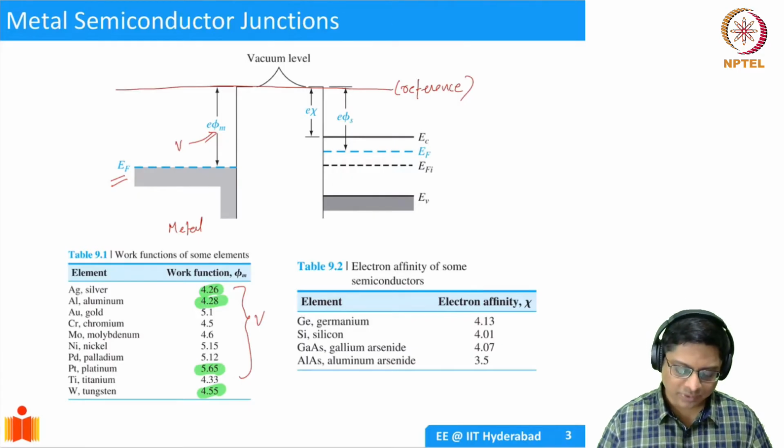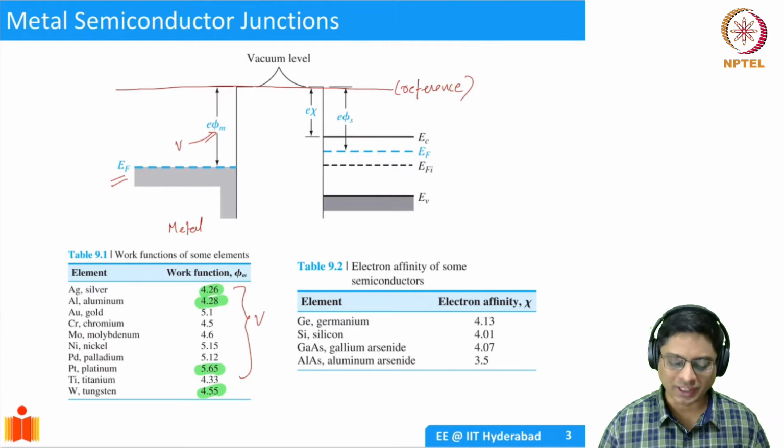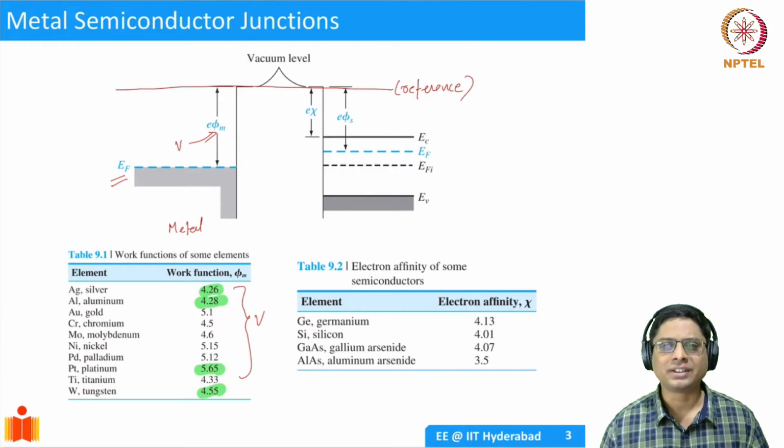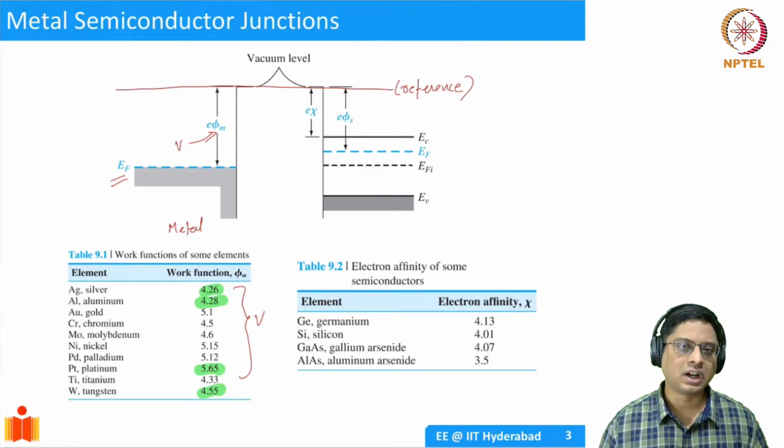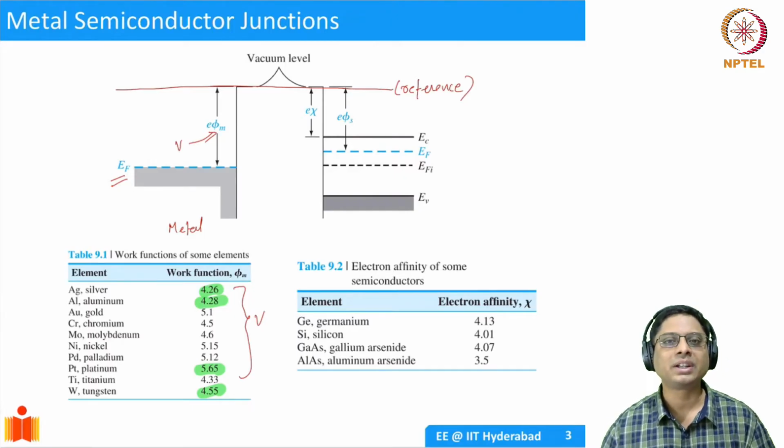The other parameter that we want to define is known as electron affinity. It's defined for a semiconductor, and electron affinity is a measure of how much energy is required to capture an electron and convert the semiconductor into a negatively charged ion.